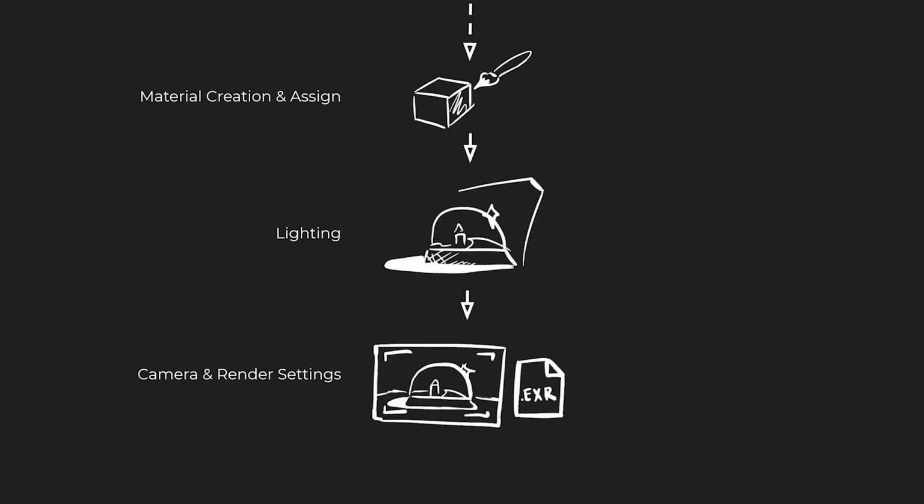After that, I made some materials for all the assets, assigned them, lit them all in Solaris, animated the camera, and did all the render settings over there in Solaris. And this is all done in Solaris with Renderman. So Renderman materials and Renderman render settings.